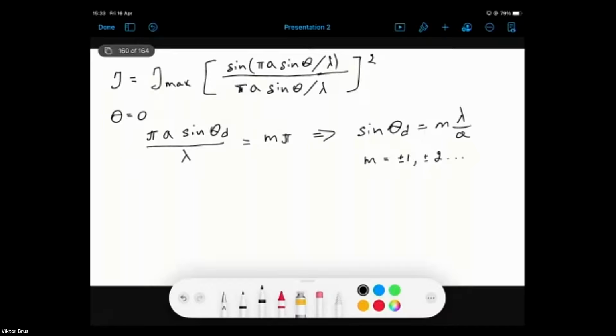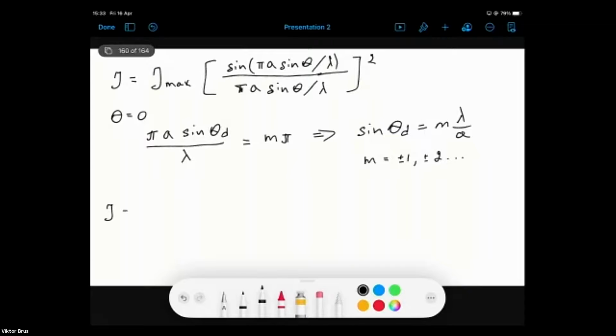That is clear. And therefore, we need to modify this light intensity distribution by multiplying the previously derived light intensity distribution of the interference pattern of two slits with the light intensity distribution for a single slit diffraction. And that will look like this.